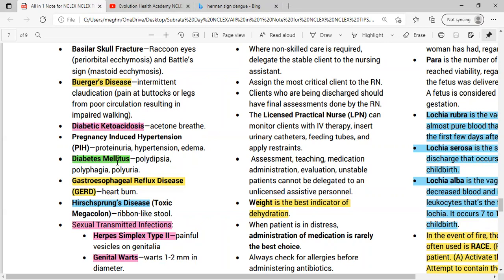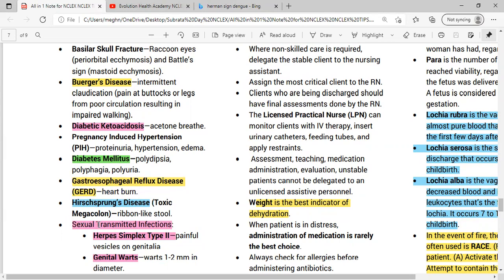A diabetes mellitus patient develops polydipsia, polyphagia, and polyuria. Gastroesophageal reflux disease, shortly called GERD: the patient complains of heartburn. Hirschsprung's disease or toxic megacolon: we find ribbon-like stool, a pediatric GI problem.